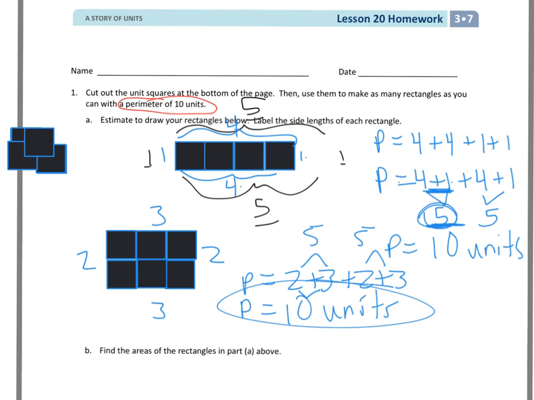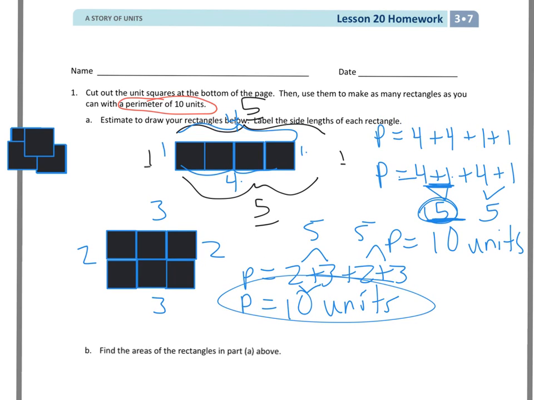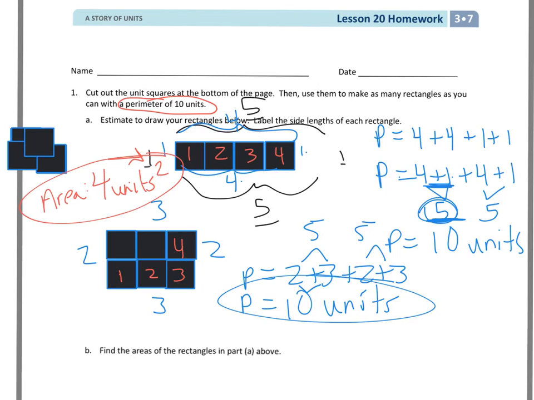Now for B, I got to find the area of these. So I got to do 1, 2, 3, 4. So my area for this one is 4 units squared. And then for this one, I have 1, 2, 3, 4, 5, 6.